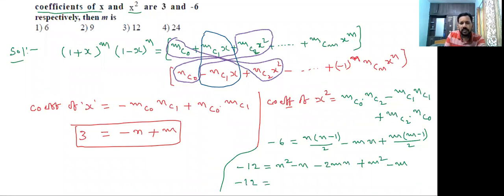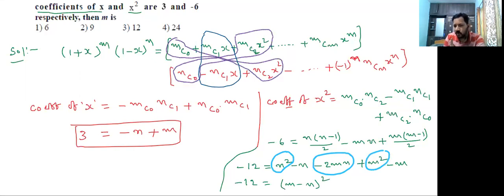So here, students, observe that n square, m square, minus 2mn, these three terms, how to write? Tell me. That is (m minus n) whole square or not? The remaining two terms, take minus common, you will get m plus n.